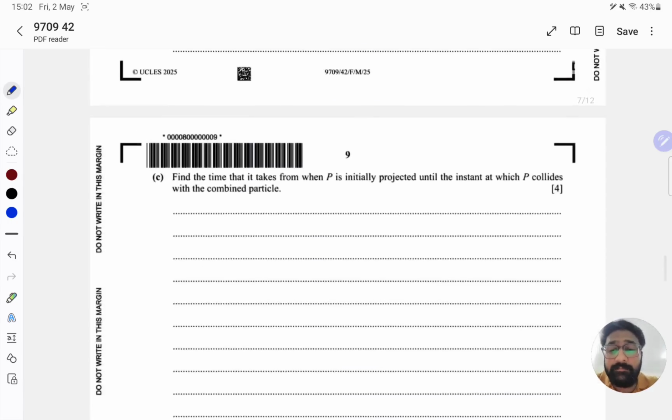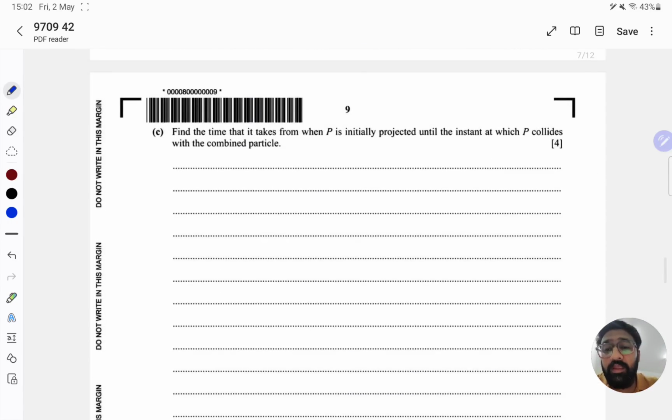Okay, the next is part C. Part C says to find the time taken for P, from when P is initially projected until the instant at which P collides with the combined particle. So we need to find out the total time from the start when P is projected, when P starts the movement.